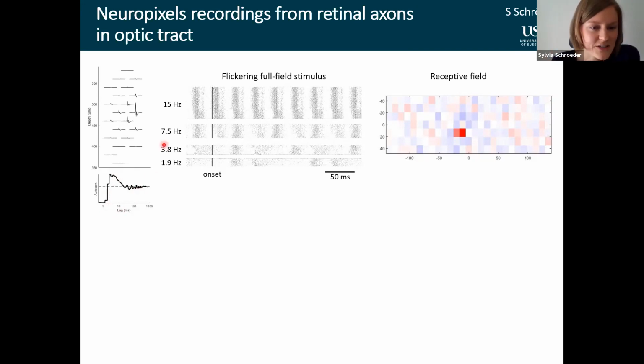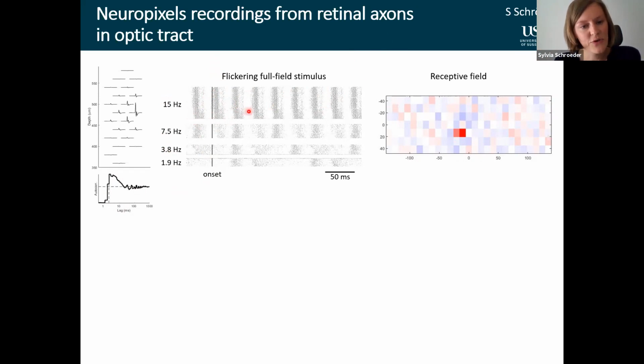Another measure to convince us and others that we are actually recording from retinal axons was a functional measure. Here we used a flickering full field stimulus. The monitor was just flickering between black and white relatively fast. And here you see in each row the spikes in response to the monitor flickering at different frequencies.